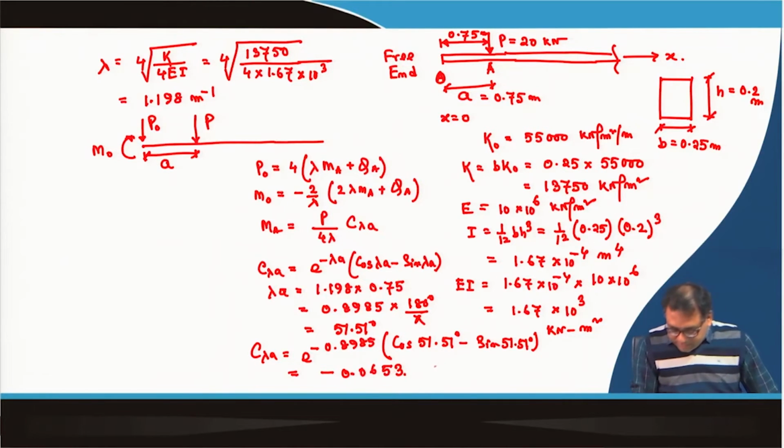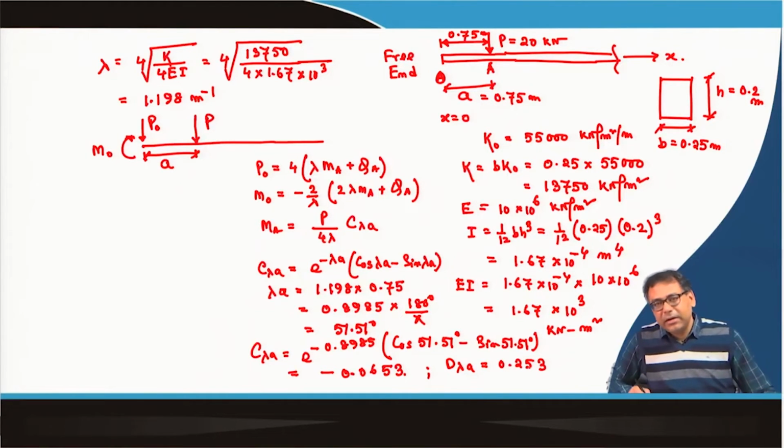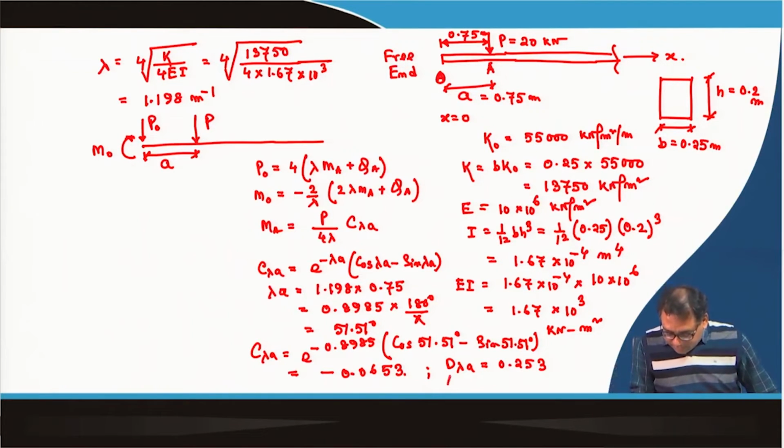Similarly, we can calculate D lambda A in a similar way, that is equal to 0.253, because D lambda A is e to the power minus lambda A into cos lambda A. Similarly, I can calculate A lambda A, which is equal to 0.572, and B lambda A, which is equal to 0.32.